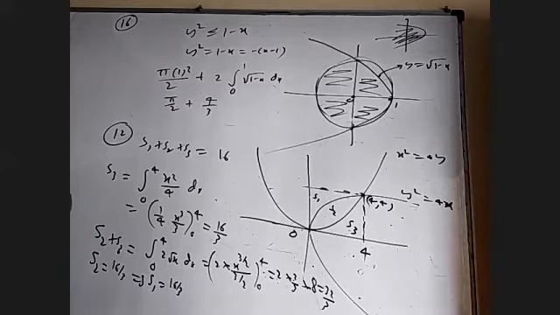The area of the portion of a circular disc of radius A cut off between the chords of length A and A by 2.